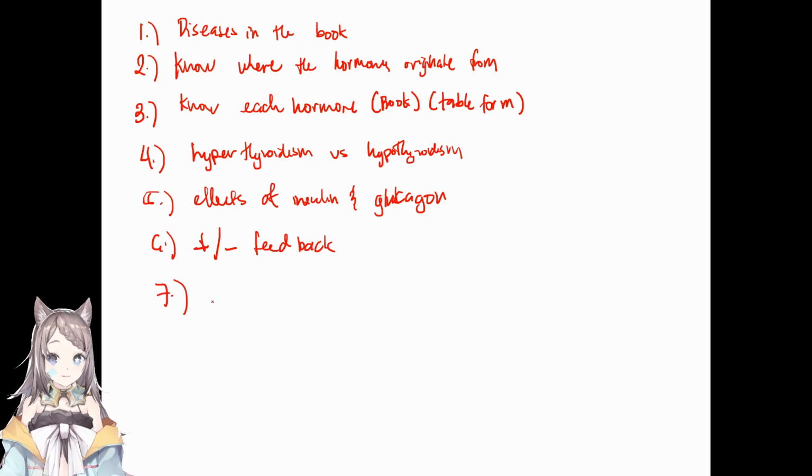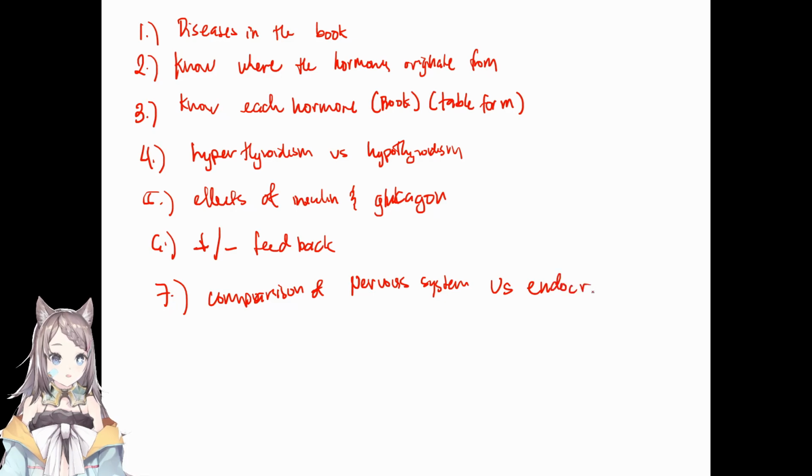Number 7, comparison of your nervous system versus your endocrine system. This is actually in the initial pages of the endocrine system.